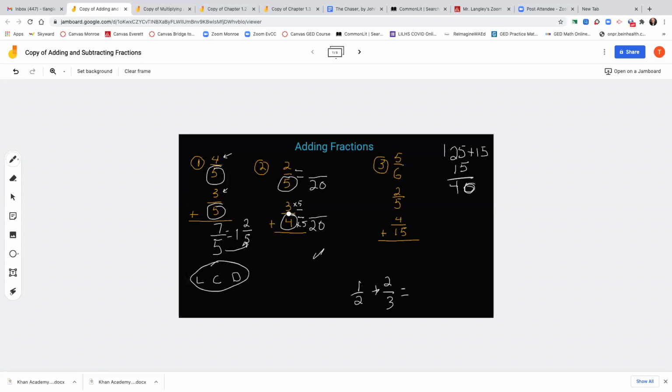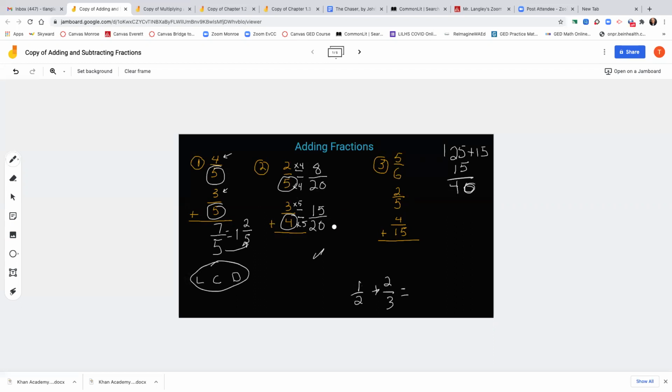So 3 times 5 is 15. Listen to me talk through the next one up above here. 5 became 20, right? What did I multiply it by? I multiplied it by 4. So whatever you do to the bottom, you got to do the same exact thing to the top. And you got to get an 8 here.